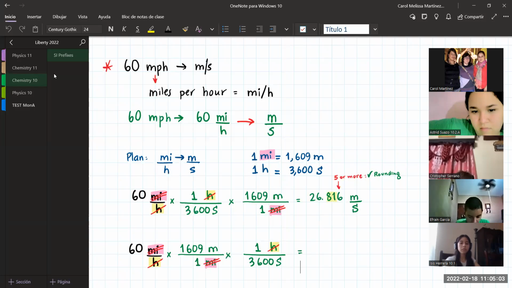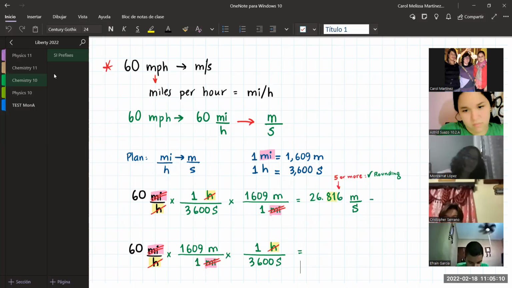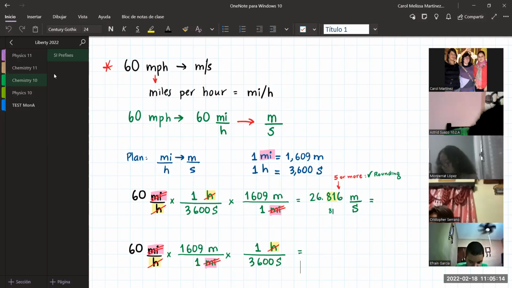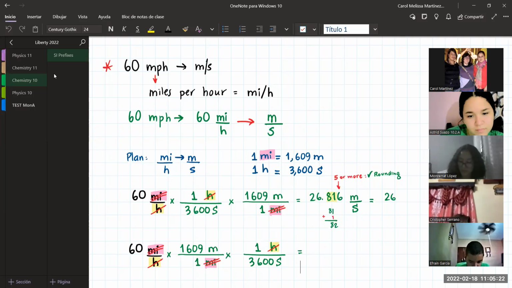In this case, do I need to do rounding? Yes. So it's going to be 81 plus 1, okay? So 82, that are going to be the two decimal places.